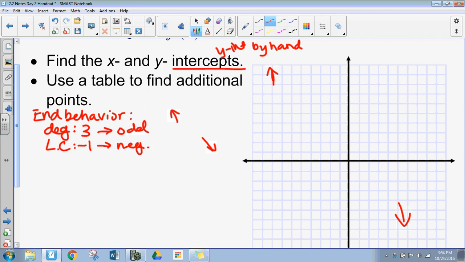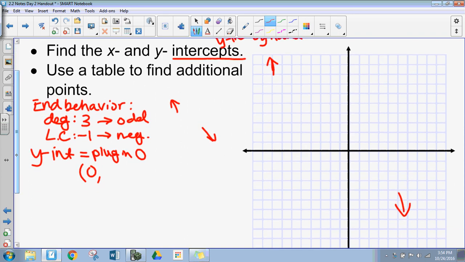Okay, so y-intercept by hand, plug in 0. So I get the point 0, and then back up here we see -3 will be our y-intercept. So we know it's going to cross at 0, 1, 2, 3. Okay.